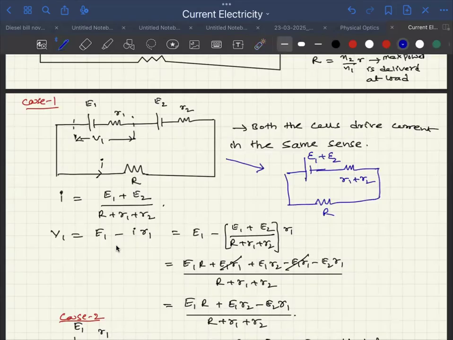Our general formula: EMF divided by load plus internal resistance. That's what we have done here.